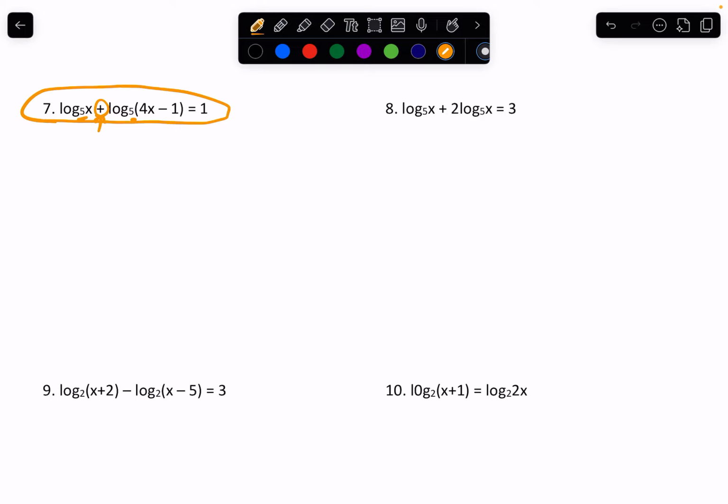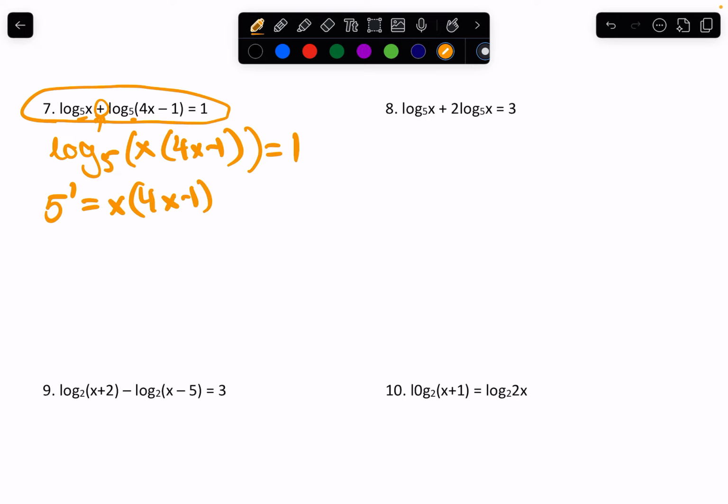So we're going to rewrite this as log base 5 of x times 4x minus 1 equals 1. Now we can write it as an exponent. 5 to the power of 1 equals x times 4x minus 1. So 5 equals 4x squared minus x. Then we subtract 5 from both sides, and we get 0 equals 4x squared minus x minus 5.